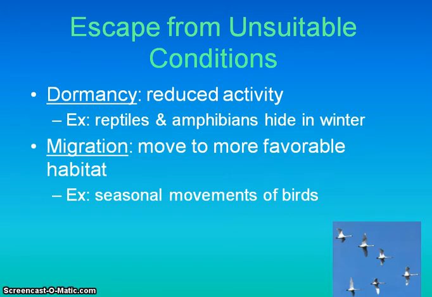They slow down, they don't do as much activity, so that's a form of dormancy. Or organisms could migrate and move to a more favorable habitat. So, for instance, the seasonal movement of birds: when you see the birds flying south, they're going to warmer climates, and then when it gets nicer up north, they'll come back home.